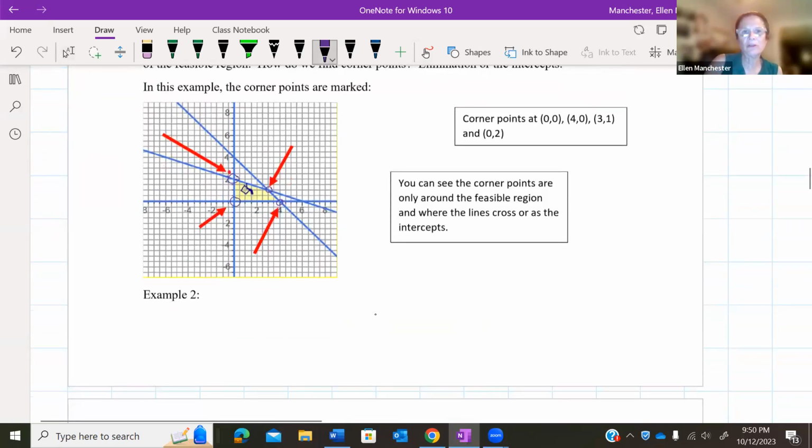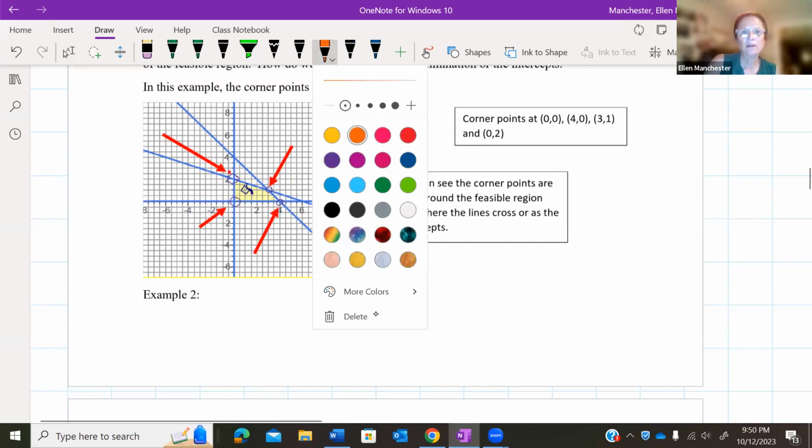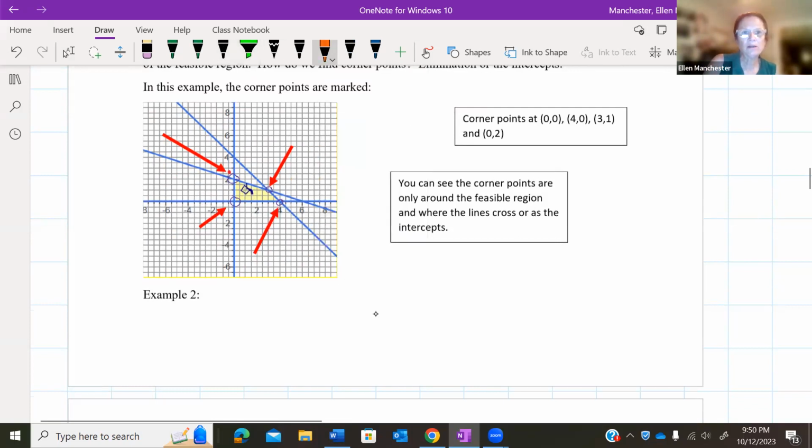So in other words, this point right here is not on the feasible region. So that is not a corner point. This one right here is not a corner point. It's got to be touching the feasible region, and it's got to be where two lines cross.